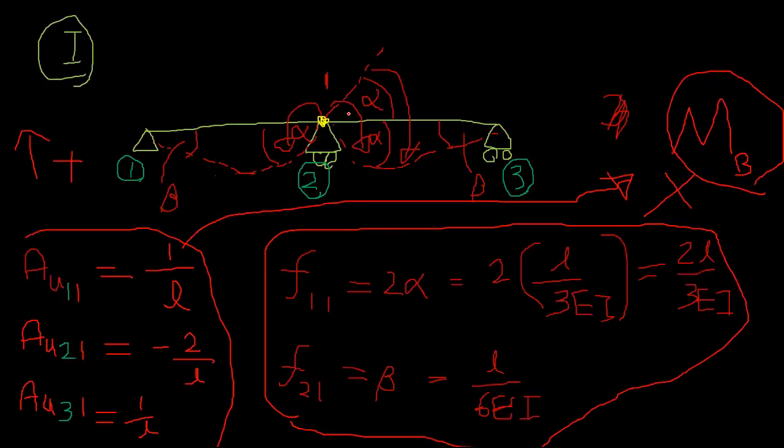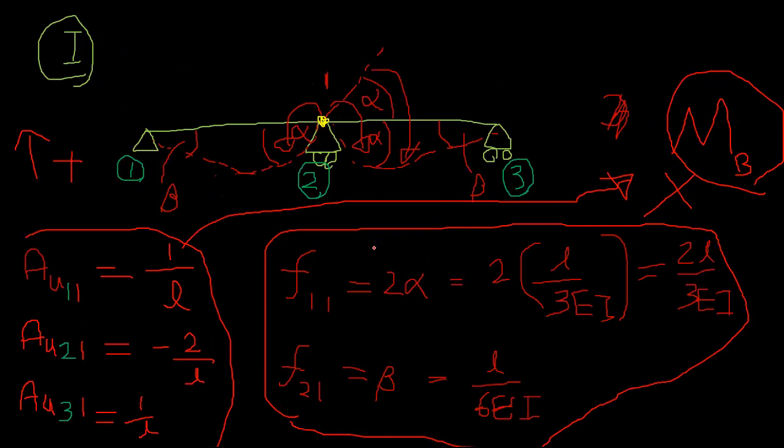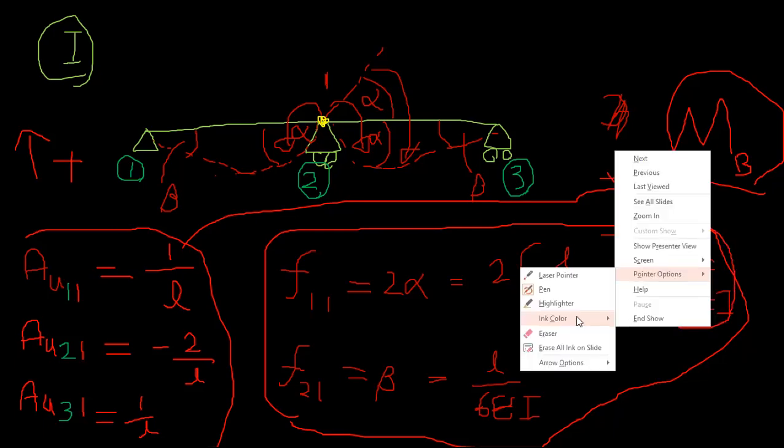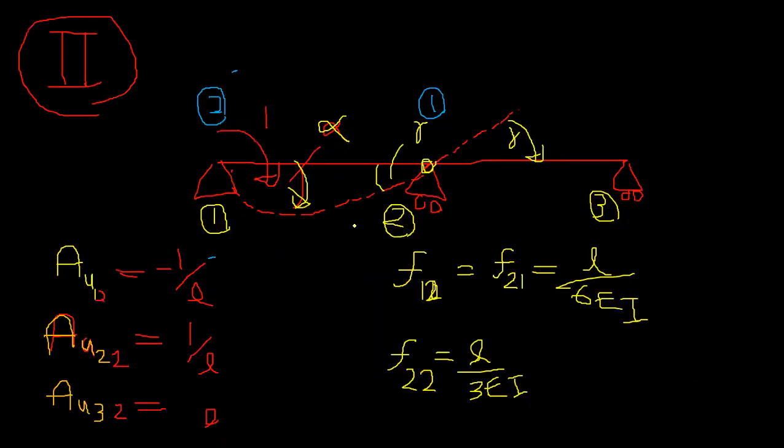Here this 2 alpha is for a unit moment, but the actual force is MB. So you need to multiply simply by MB. So F11 into MB at first coordinate.